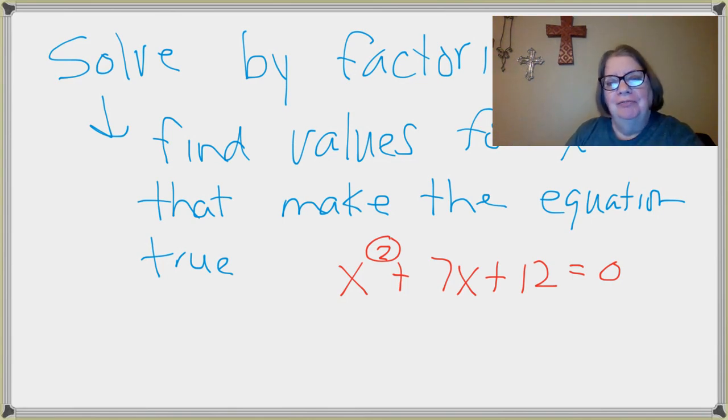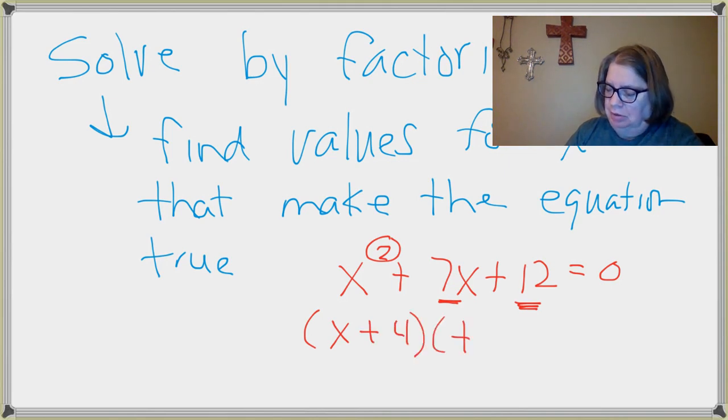In the first semester, when we factored this, we looked for numbers that multiplied to 12 and added to 7, which in this case would be 4 and 3. Now, today we're going to add something to that.